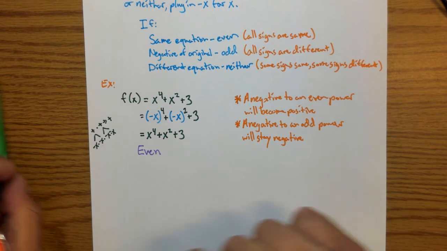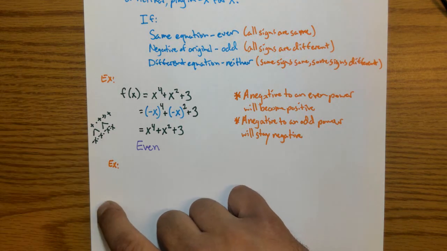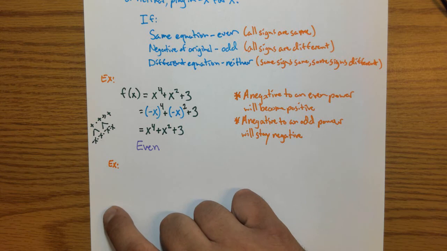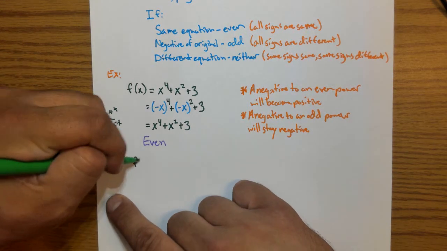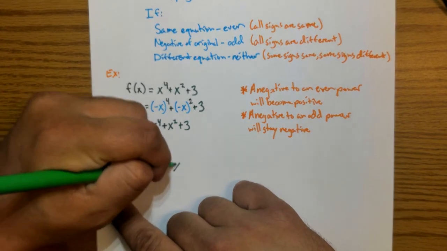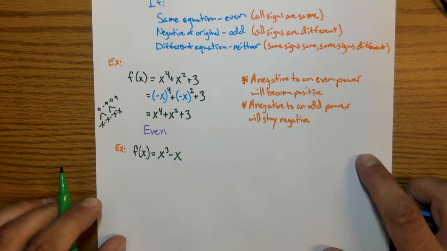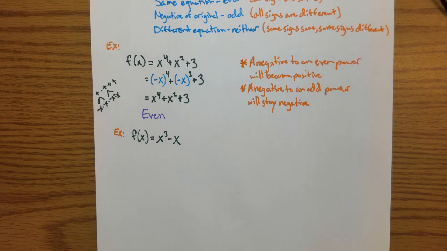Let's take a look at a couple more examples here. All right, let's take a look at f of x is equal to x cubed minus x. So again, I'm going to plug in negative x for every time I see an x.